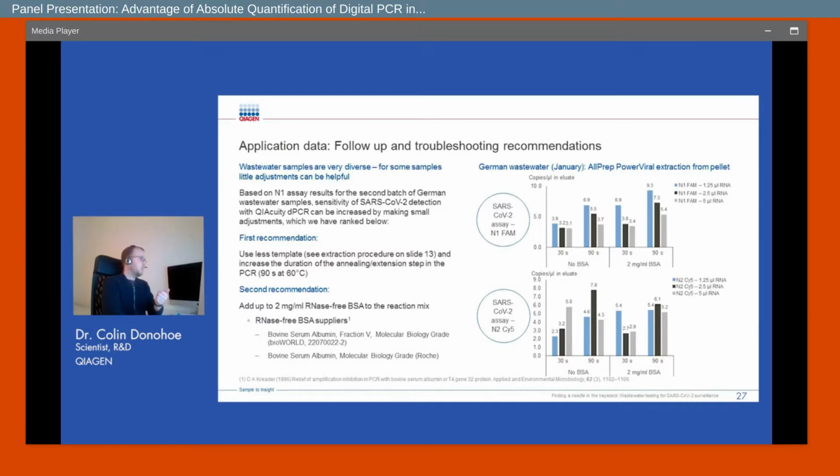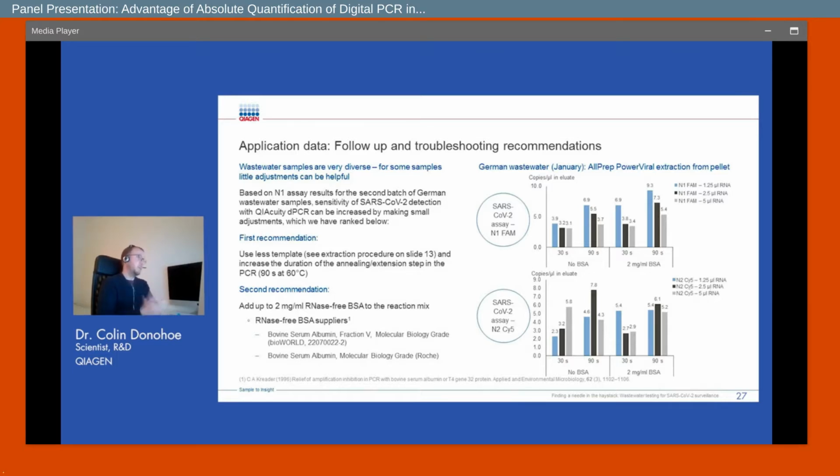Second, we investigated whether using less eluate per digital PCR reaction improved the quantification overall. Lastly, we tried adding a well-known PCR magic pill, BSA, to see if that would also help.